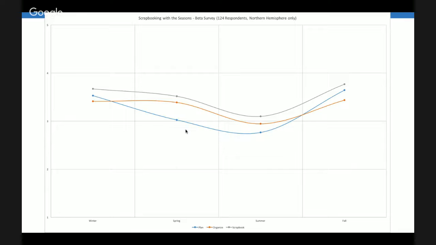You can ride these waves. The highest interest in organizing, not surprisingly, happens in the spring. So you should do most of your organizing in the spring and kind of coast the rest of the year. So when you take this seasonal perspective, you can go with your natural rhythm so that you don't feel like you're fighting against it always.